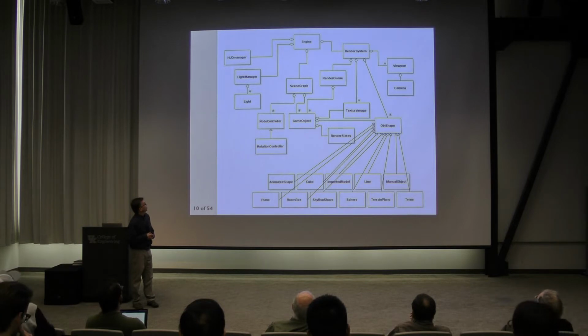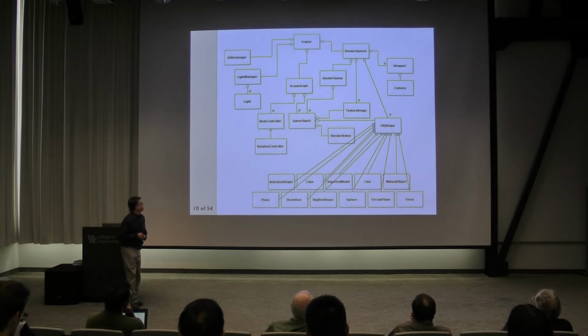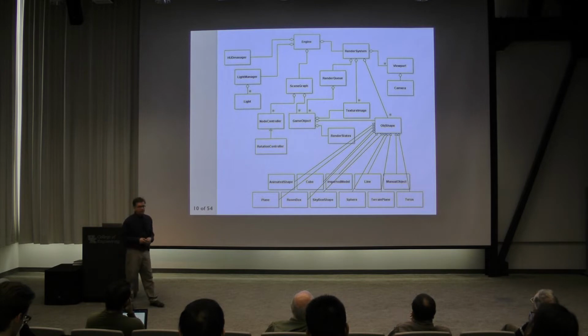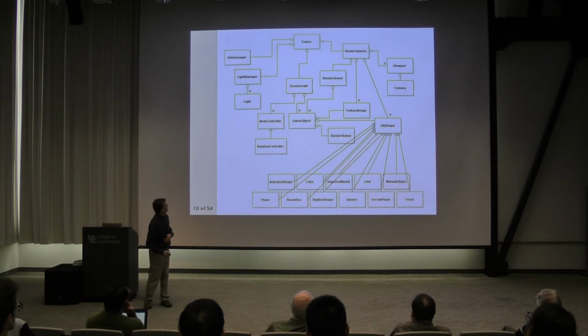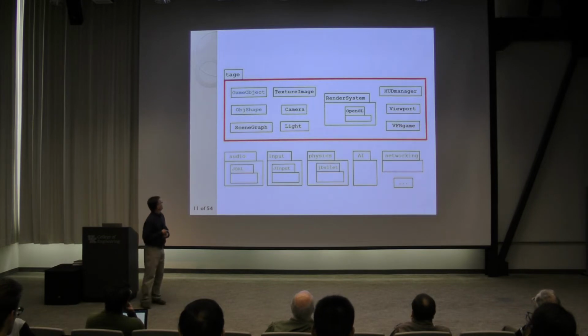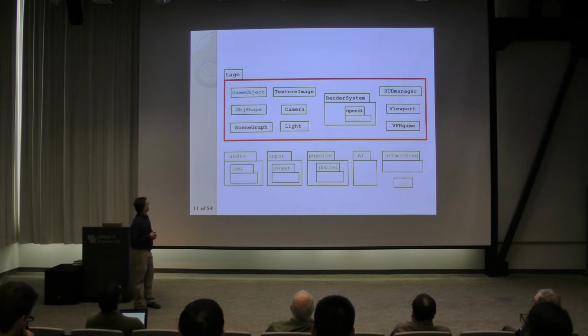The render system has potentially multiple viewports, a bunch of object shapes, a render queue. The scene graph has a bunch of game objects, node controllers, textures, render states, and a whole bunch of different types of shapes that this little engine will support. So let's start with what I found to be a good starting point, which was the objects and their shapes.